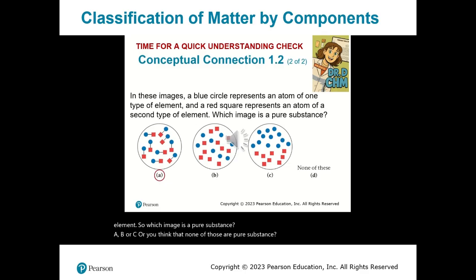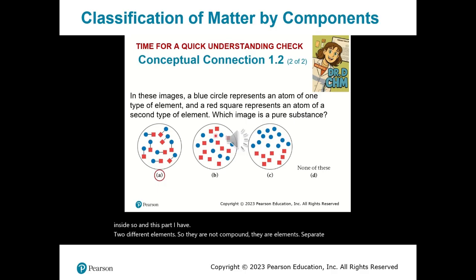Here you go. Yes, A, because imagine if this is a compound, okay? Imagine you have carbon monoxide, CO, and I only have carbon monoxide in all the circles inside. In this part, I have two different elements. They are not compounds, they are separate elements over here.